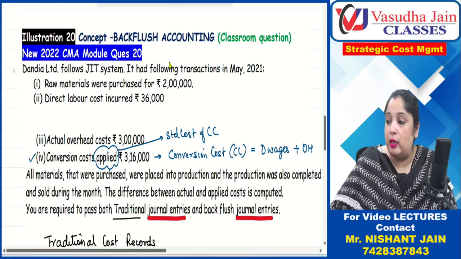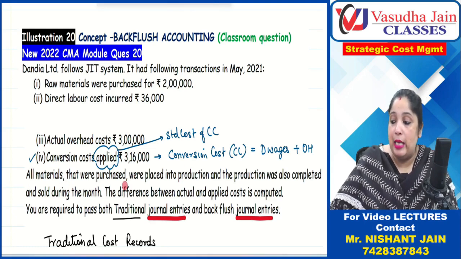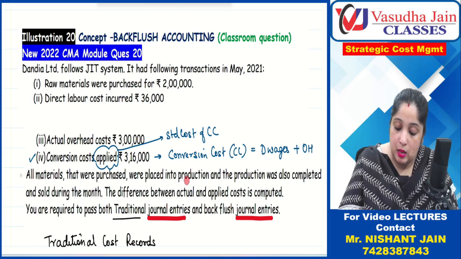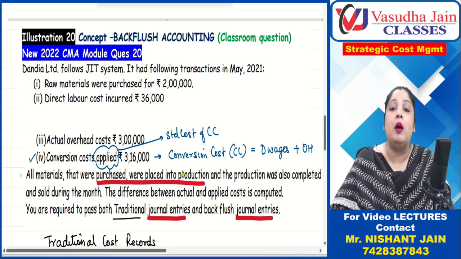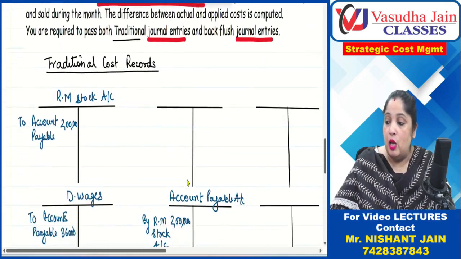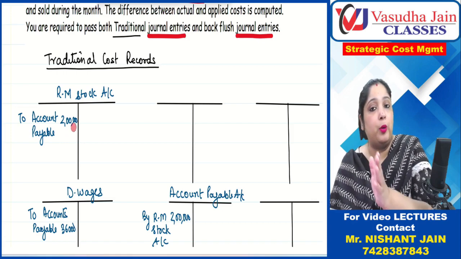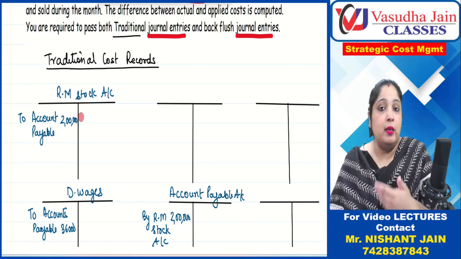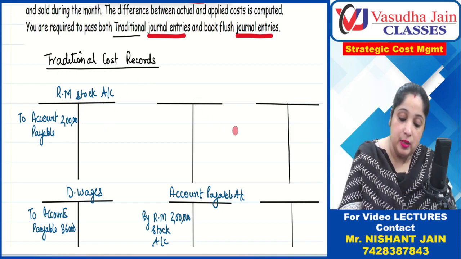Let us read what is written below. It is written all materials that were purchased were placed into production. So let me first pass the entry for this, that is whatever raw material has been purchased, that has been put to production. So all this raw material has been passed to the production floor for the production process. Now it is no more in the raw material warehouse, it has gone to production. So let us transfer the same.